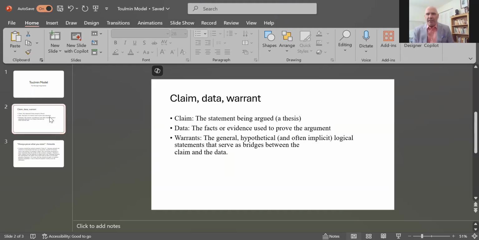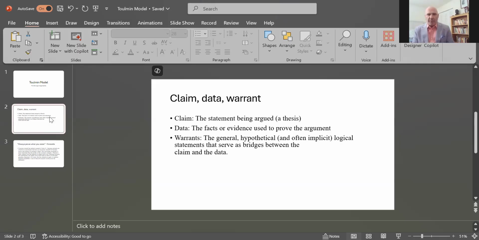So what we're dealing with here are basically three foundational elements of your argument: the claim, which in most cases anyway is your thesis; the data, the facts or evidence used to prove the argument; and of course, something that you might not be familiar with, the warrant or the warrants.